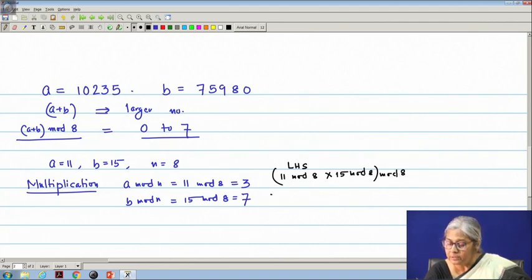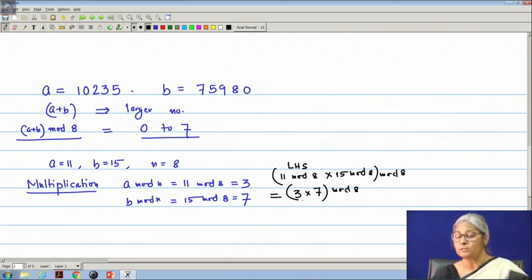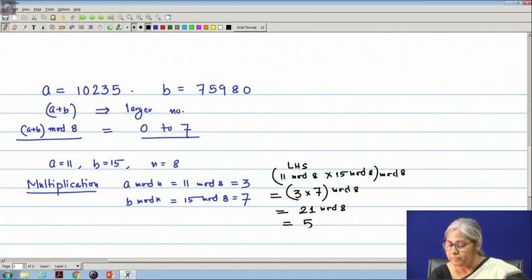And this becomes 11 mod 8 is 3 and 15 mod 8 is 7, modulo 8. So, 3 into 7, both are very small numbers, because that number cannot be larger than 7. So, at most this can be 49. So, this is 21 modulo 8 and this becomes 5.